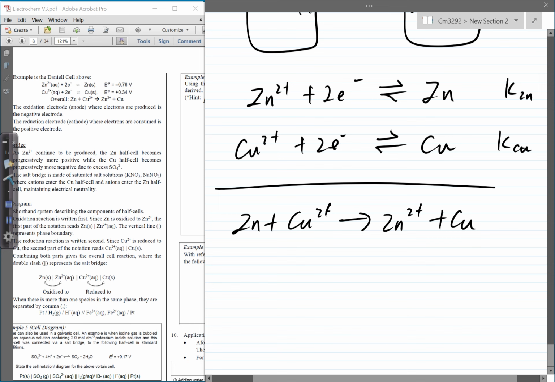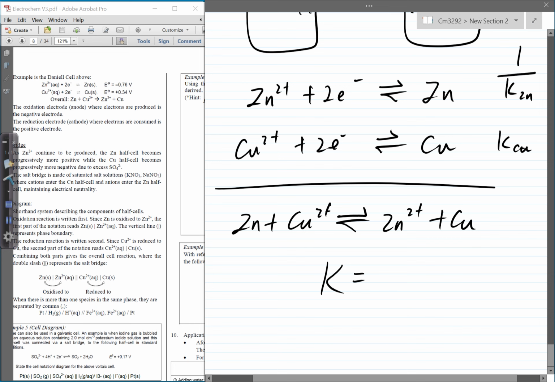Now if I want to find the K for this equation, how do I find it? If let's say this is equilibrium, how do I find the K? You have to invert the first equation, correct? If you invert the first equation, K will become 1 over K zinc.